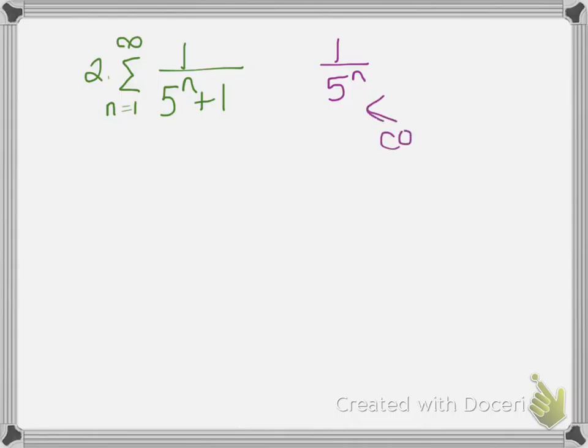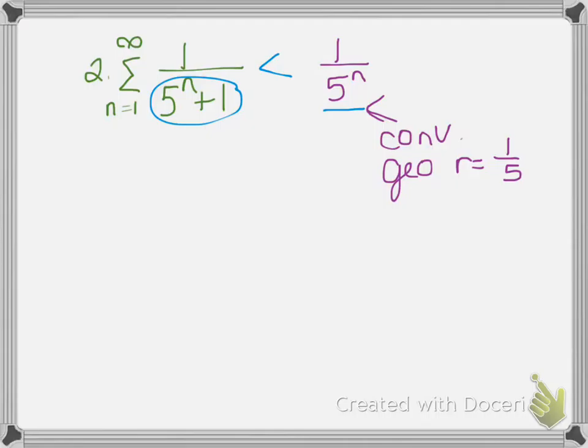I know that this one converges because, again, it's geometric where r is a fifth. Alright, the fraction itself is smaller. Since the bottom is bigger and it's the same on top, that means the fraction itself is smaller. So we have a converging series that is bigger than the other series. That means that this one has to converge by the direct comparison test.